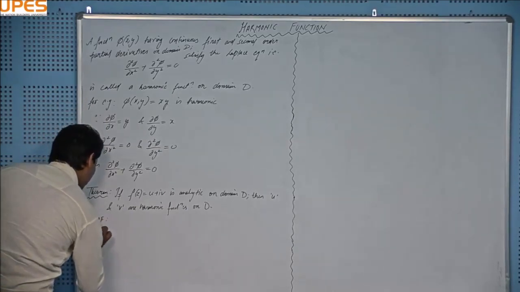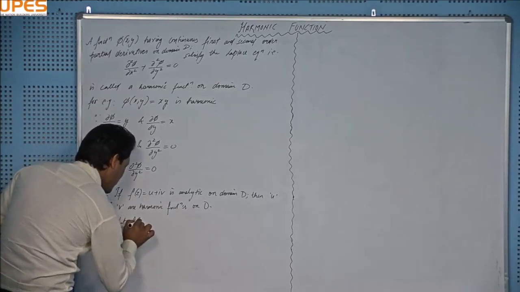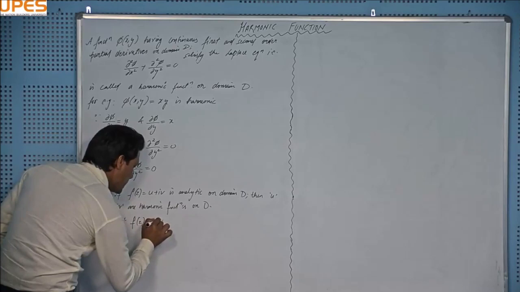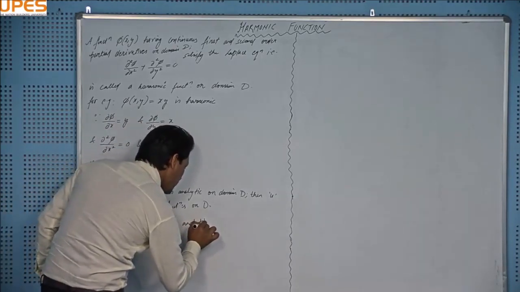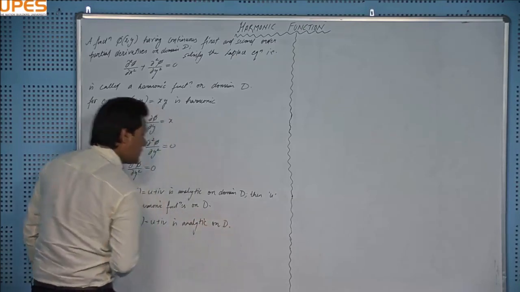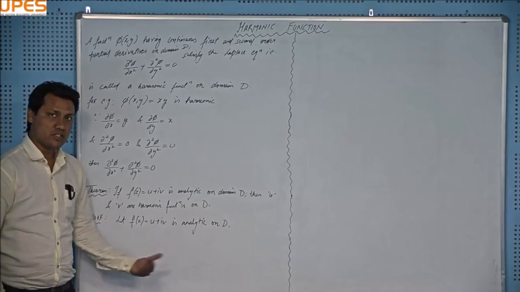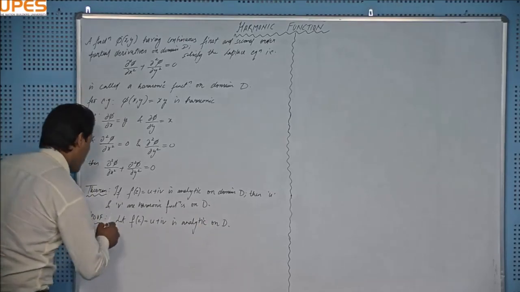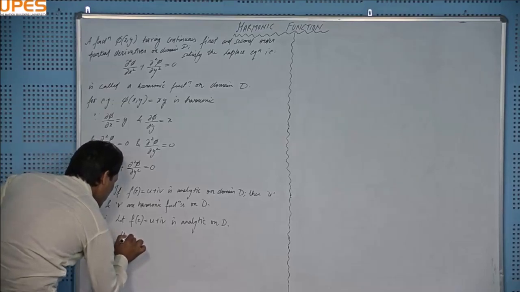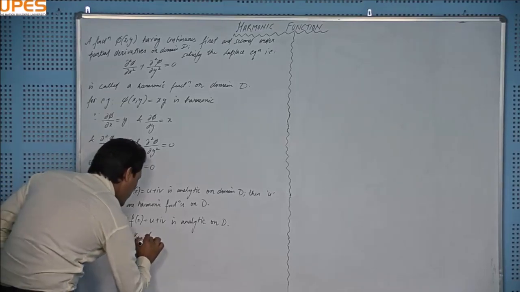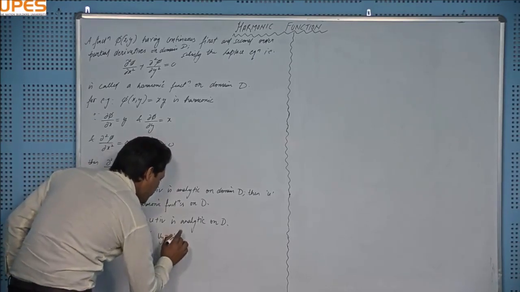Proof. Let f(z) equal to u plus iota v be analytic on domain D. If we say that this f(z) is analytic on domain D, then they must satisfy the CR equations, which are del u over del x is equal to del v over del y, and del u over del y is equal to negative of del v over del x.